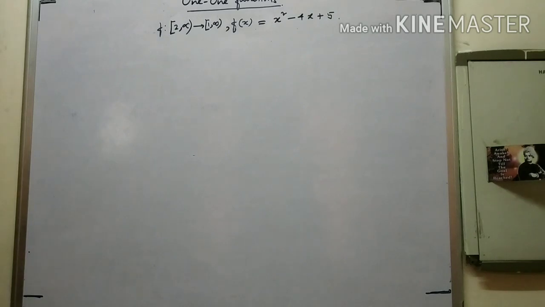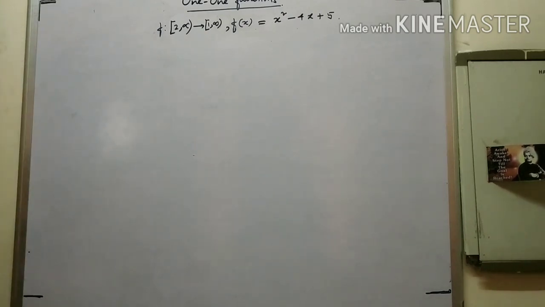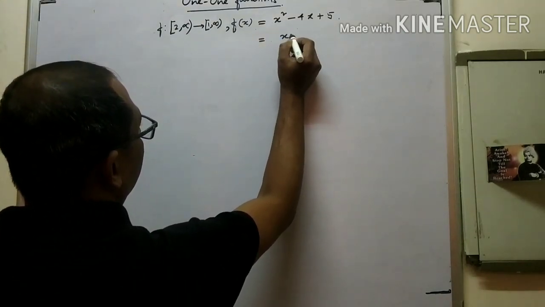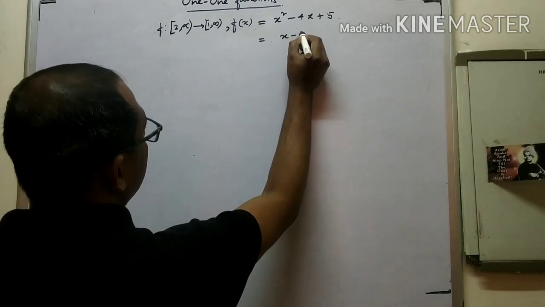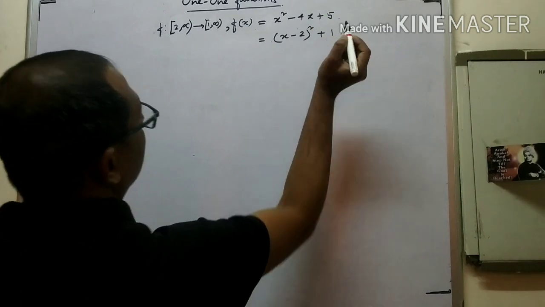Again, we have to check whether this function is 1-1 or not. It is a quadratic, which becomes (x minus 2) whole square plus 1, right?